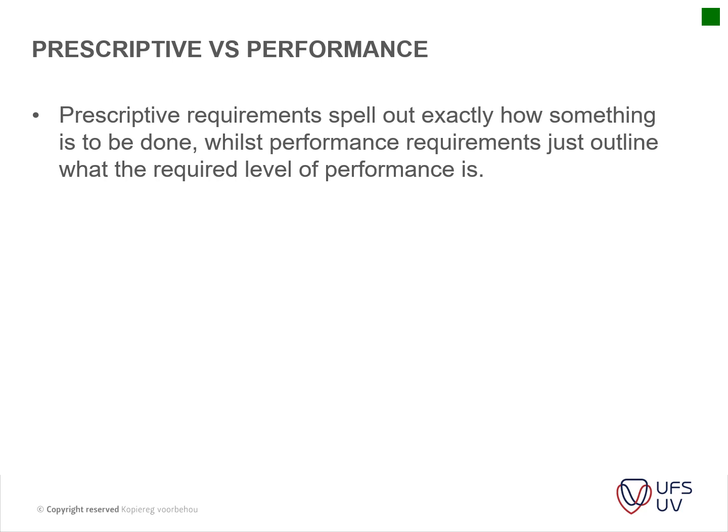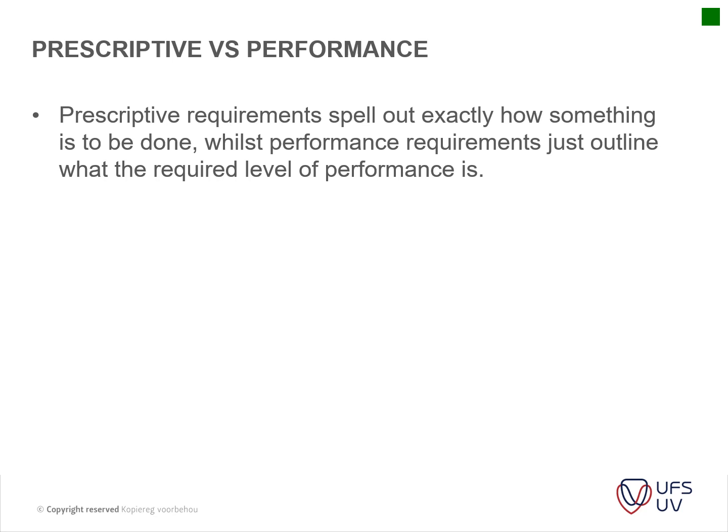Prescriptive requirements usually spell out exactly how something is to be done, whilst performance requirements just give an outline of the general requirements and the level of performance, and it really leaves a lot to the designer, or for instance a design and build contractor, to do a specific design and installation.